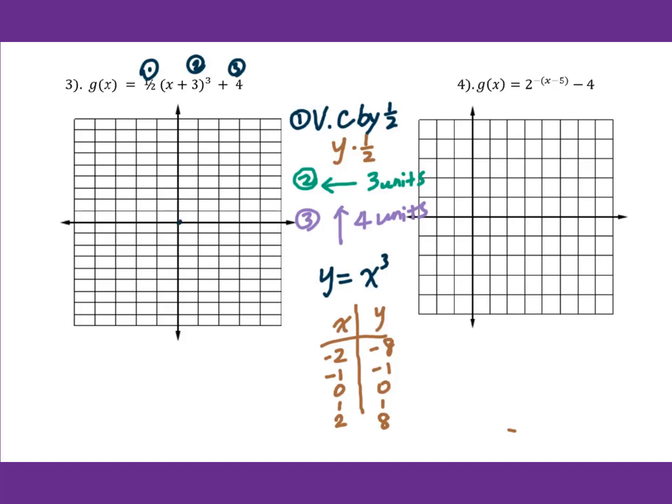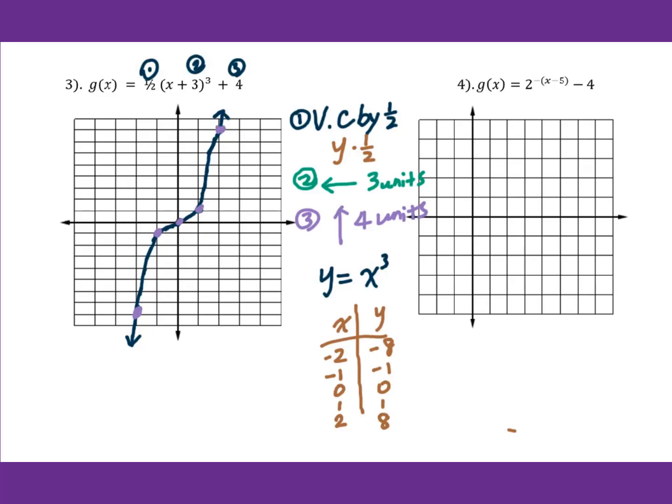You got (0, 0), (1, 1), (-1, -1), then (2, 8), (-2, -8). Then I connect these points. This will be the parent function, x to the third power.